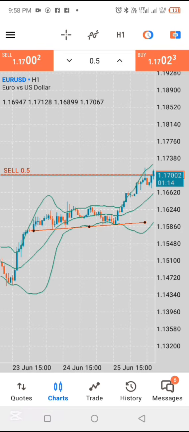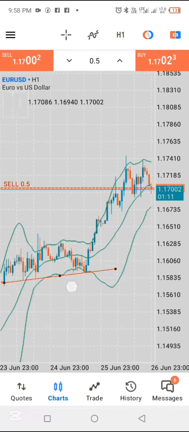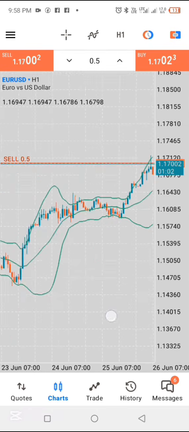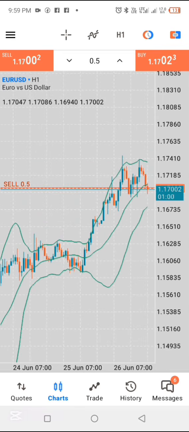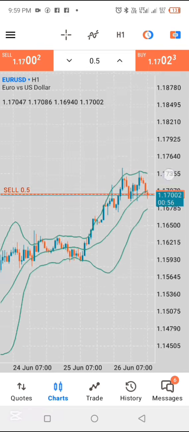The market is not volatile, so it has been having slow movement.